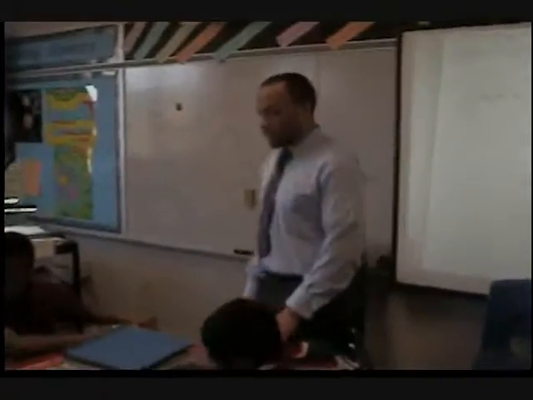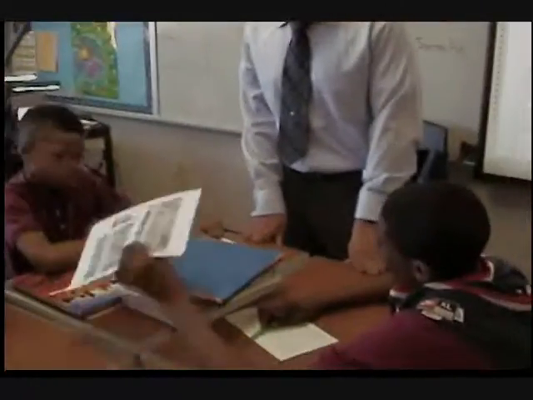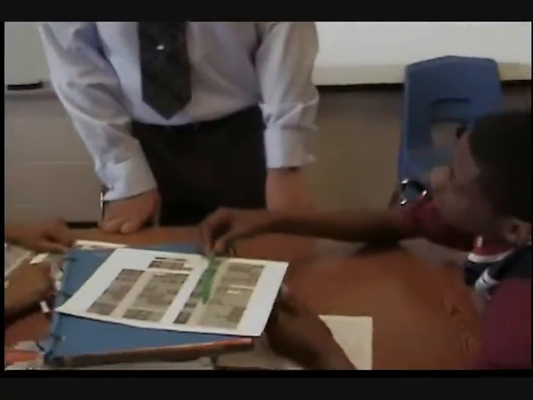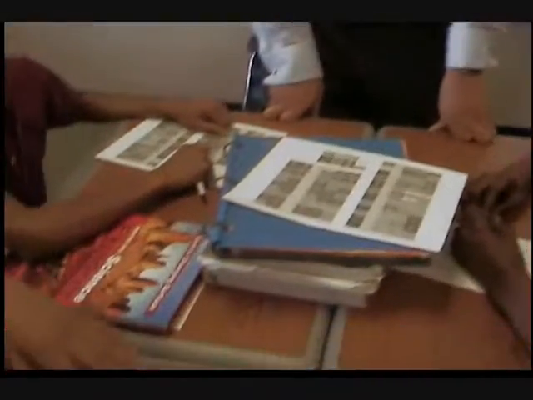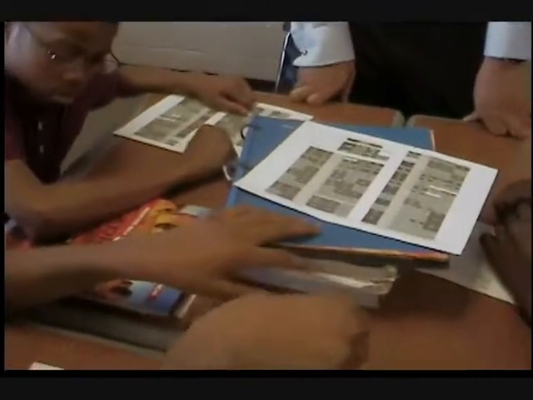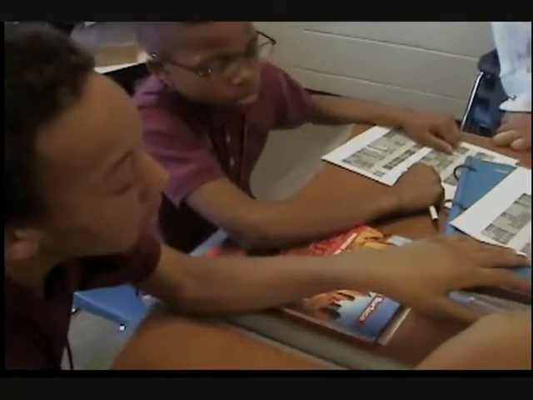How are you guys doing? What's your plan? Okay. And then we're gonna separate each side. We're gonna put the girls on the right and the boys on the left.